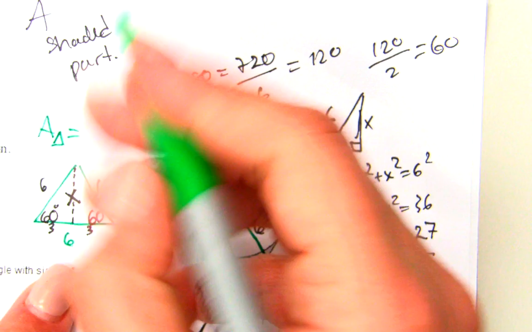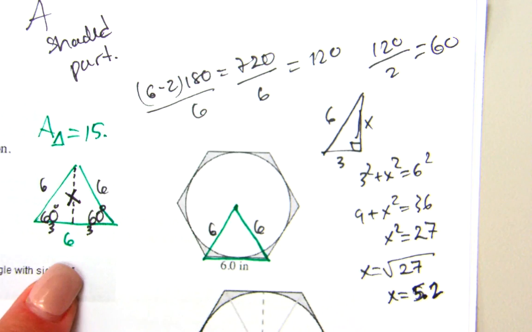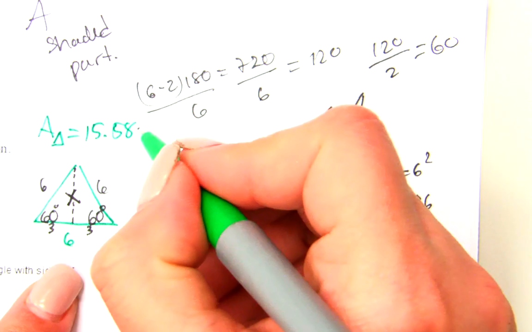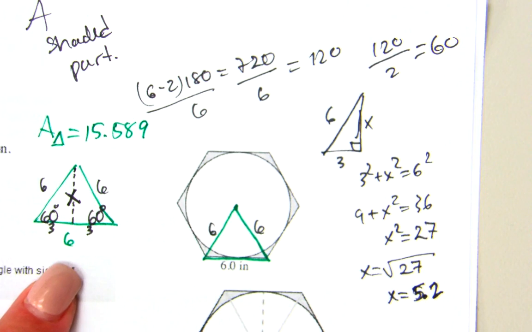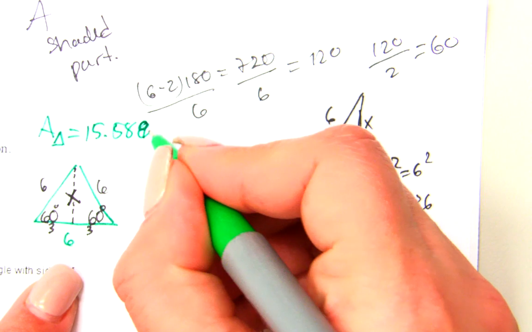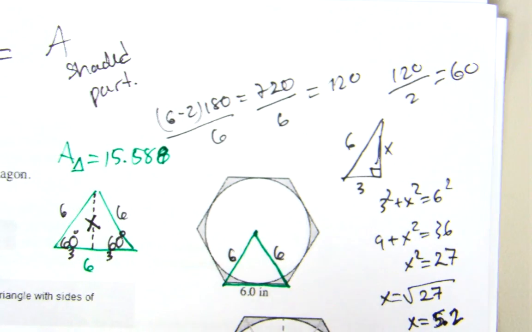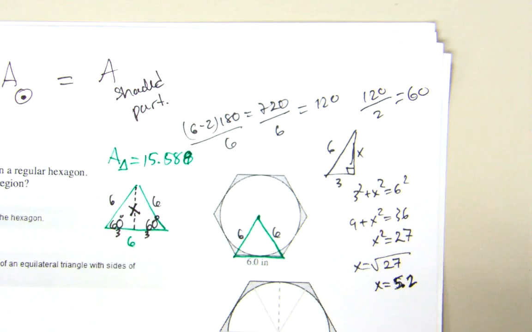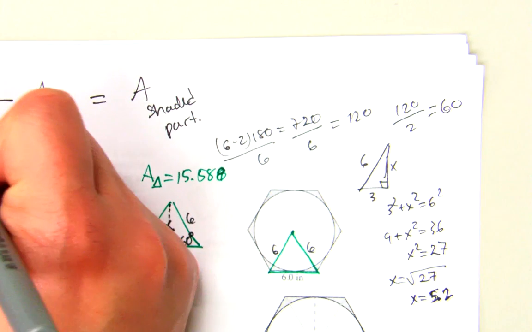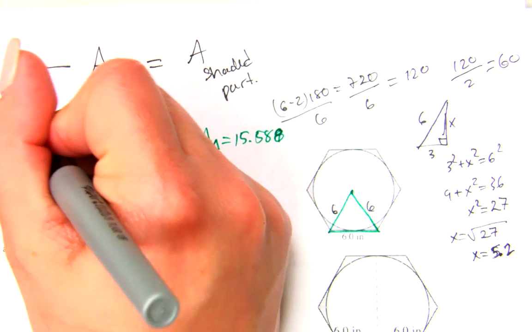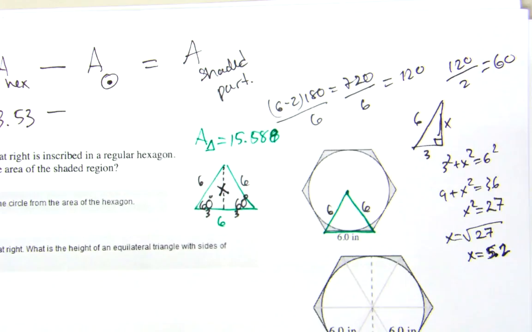It's 15.588. And then multiply that by 6. So the area of your hexagon should be 93.53. All right, so that's the area of the hexagon.